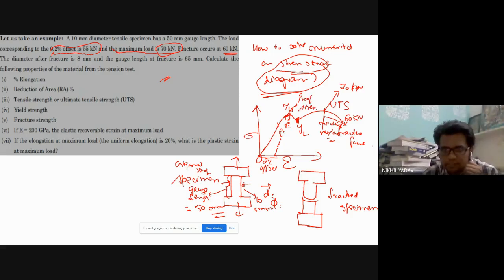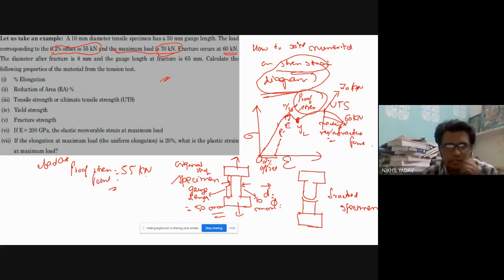So the load at the proof stress point is 55 kilo Newton, right?